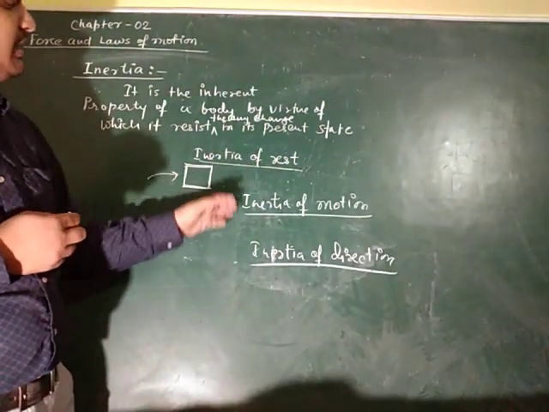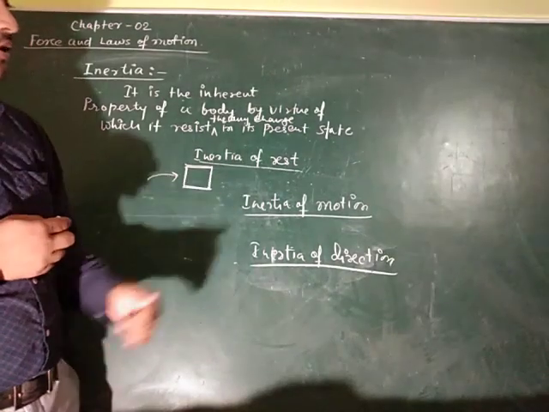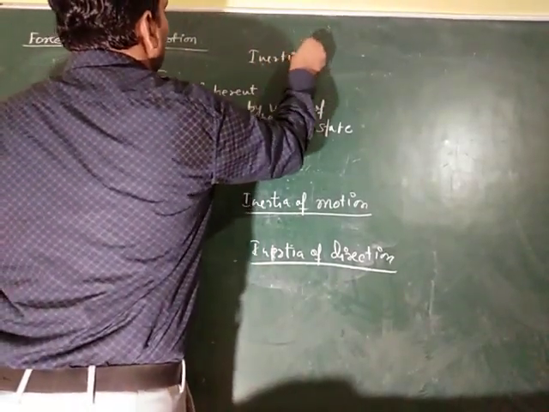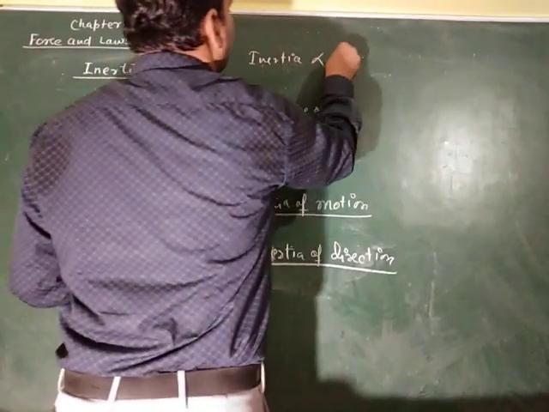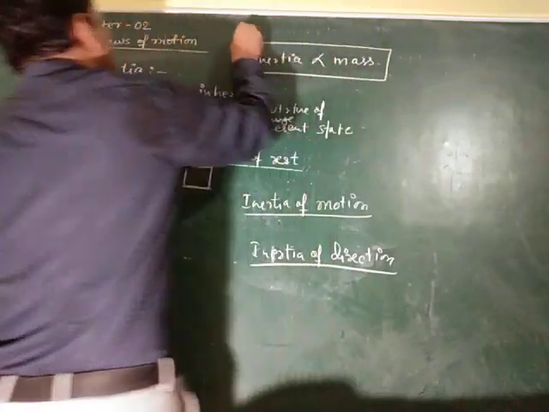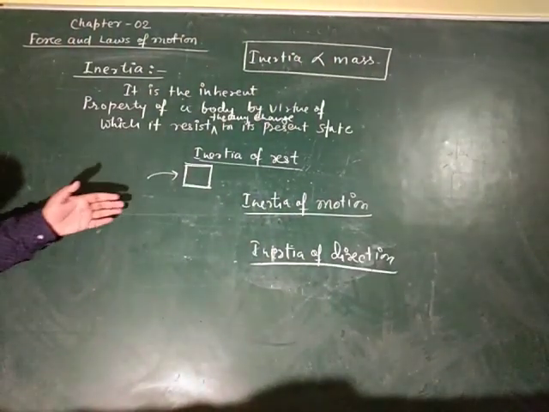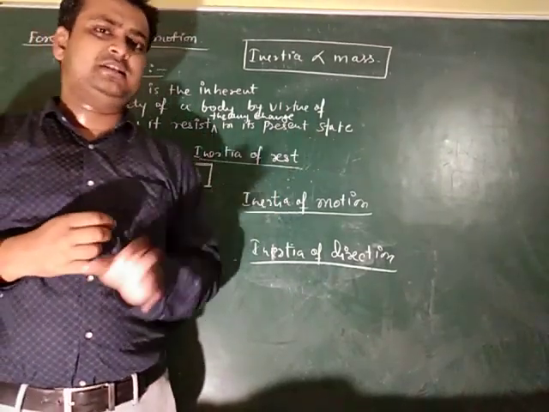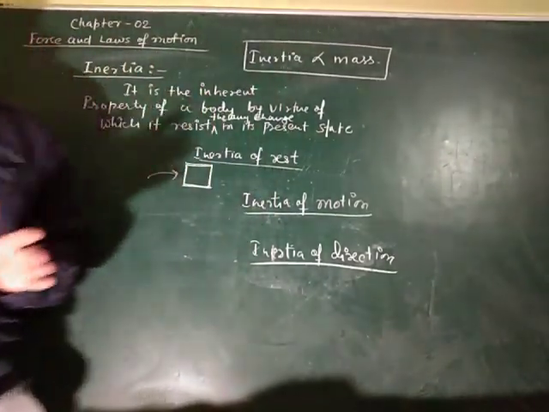This is inertia of rest, inertia of motion, and inertia of direction. You can note this formula: inertia is directly proportional to the mass of a body. Many more examples are there, and all are written in the notes, you can see. In all the examples the concepts are the same.